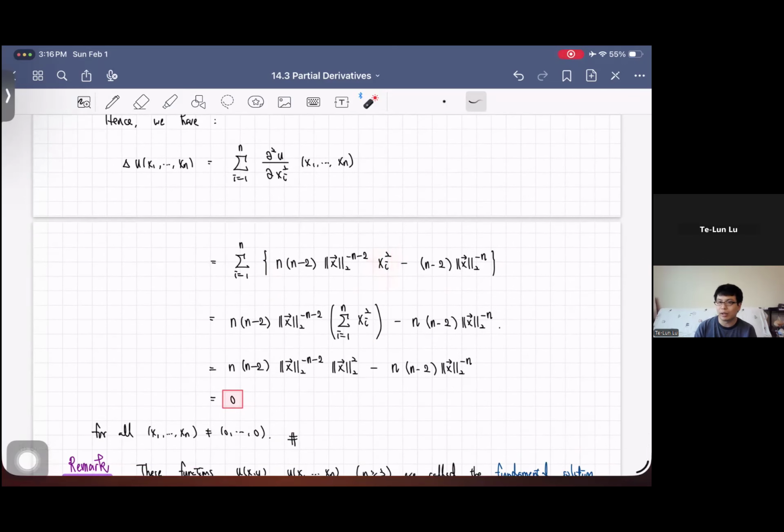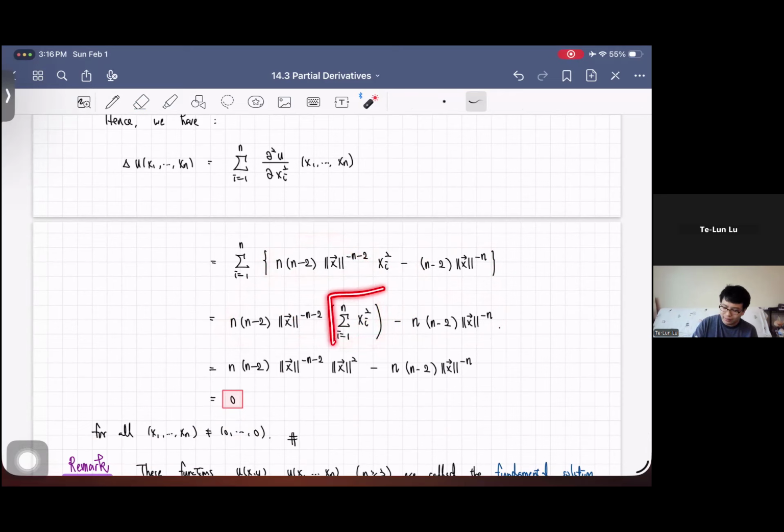Everything other than that does not depend on i. So first of all, this guy is a constant. You sum it up n times, you get n times n minus 2 times the vector magnitude. And sorry, I keep writing 2 here. Let me erase those first. Okay. And then this guy is a constant, so you can move it outside the summation and then sum this up.